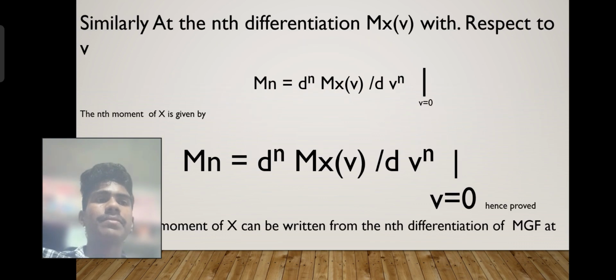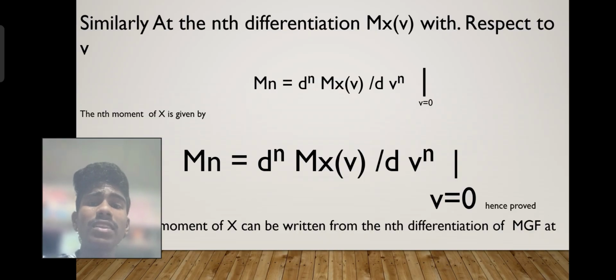Similarly, at the nth differentiation of M_X(v) with respect to v, we get m_n equal to dⁿM_X(v)/dvⁿ at v equal to 0. The nth moment of X is given by m_n equal to dⁿM_X(v) divided by dvⁿ, where v equal to 0.